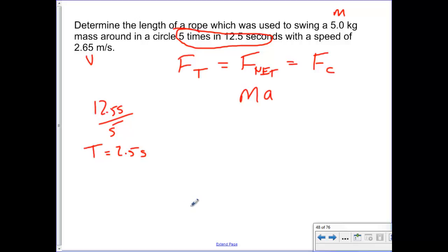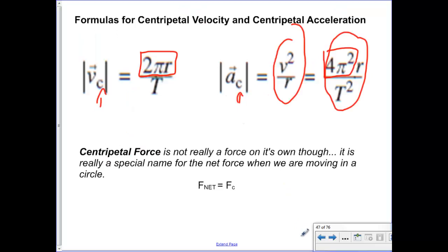Any thoughts as to how I could somehow solve this? What am I looking for? We're looking for the length of a rope. Well, what variable is that then? R. We're looking for R. Look at your formulas here.